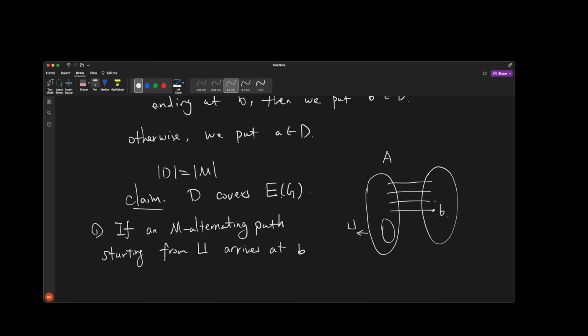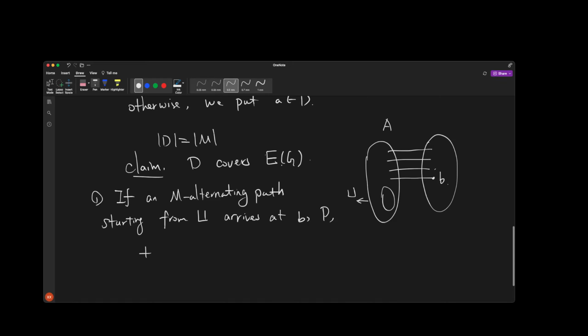Okay, then so this path, let's call it P. Then the path P cannot be an augmenting path, because otherwise you can find a larger matching, right?